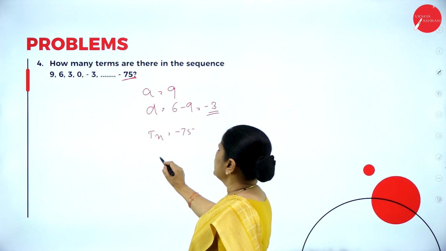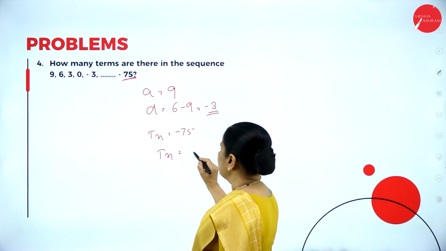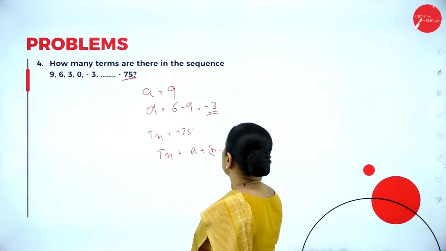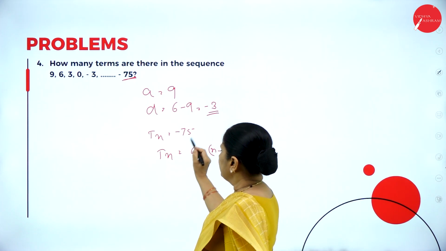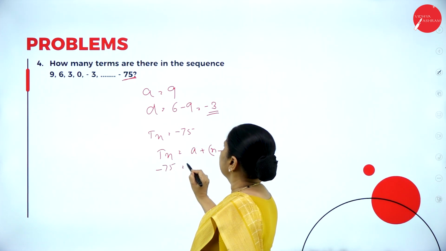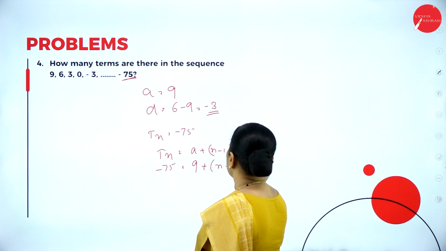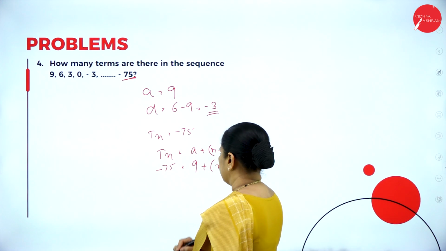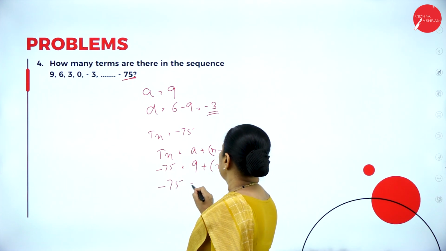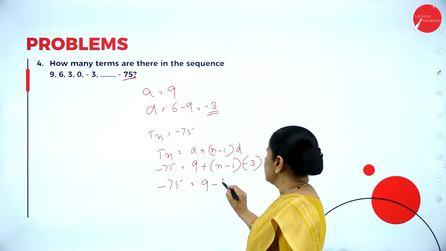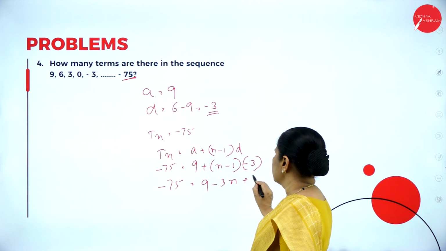Now we have the Tn formula. Tn equals A plus n minus 1 into D. Now Tn equals minus 75 equals 9 plus n minus 1 into minus 3.